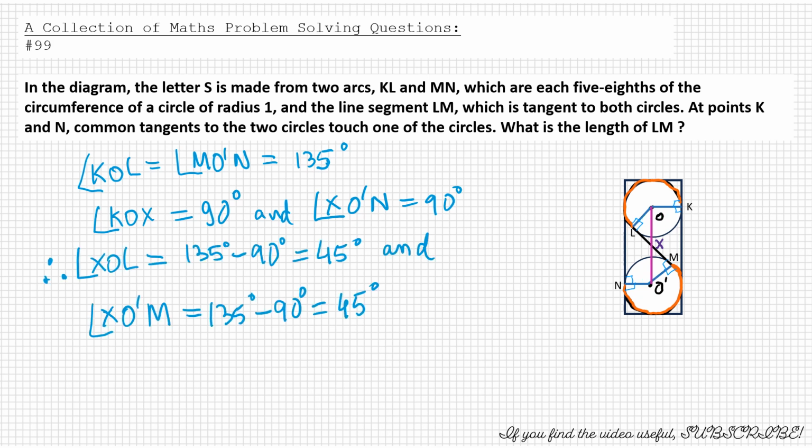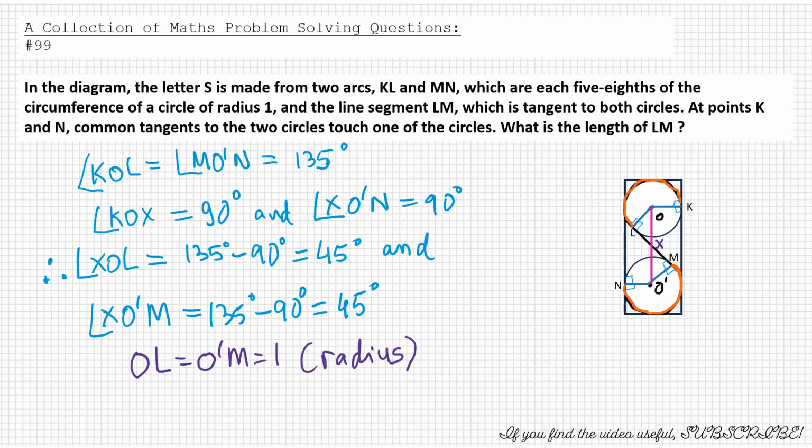Then we get the angles we need, that is angle XOL, this tiny angle, and XO dashed M, this angle. They are 45 degrees.